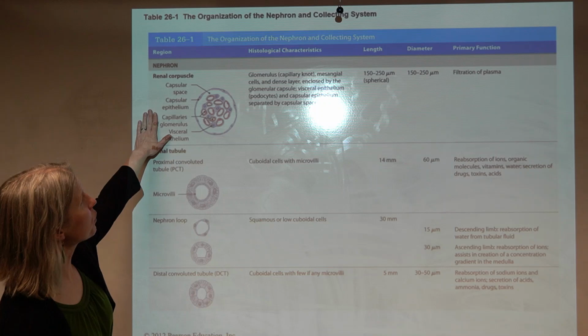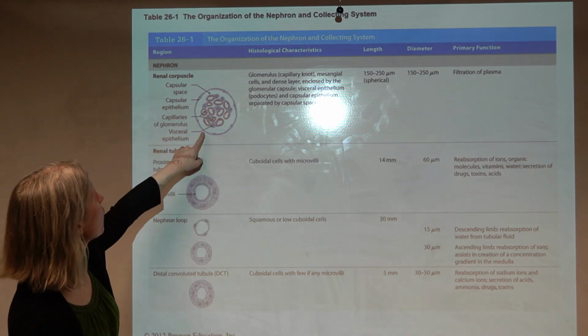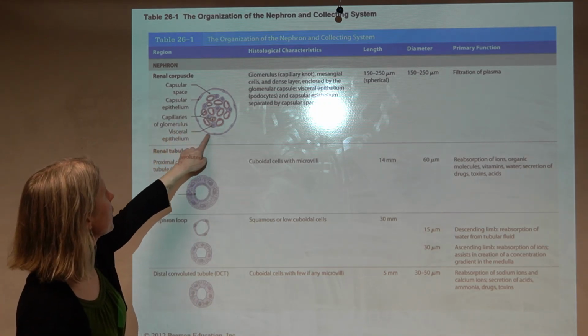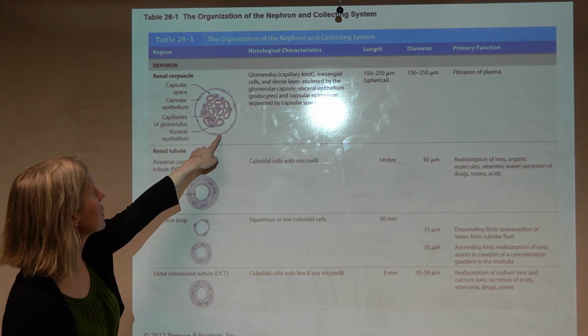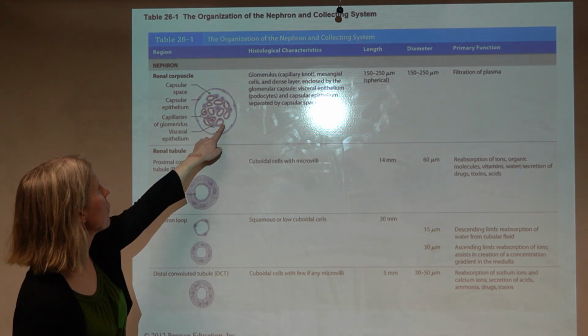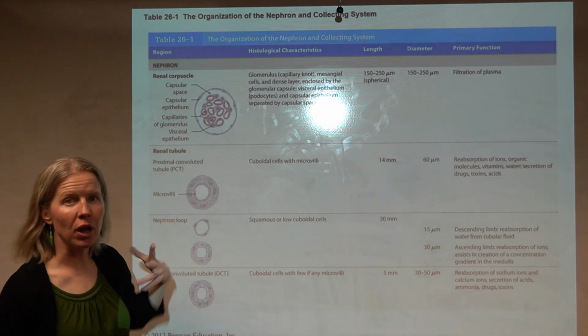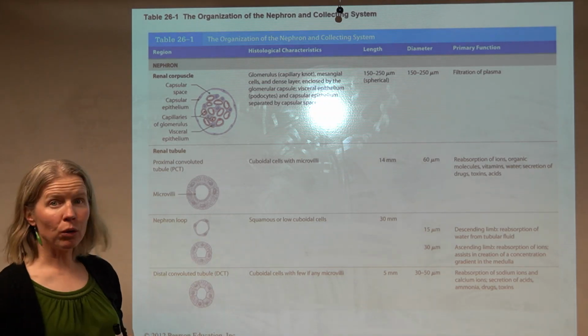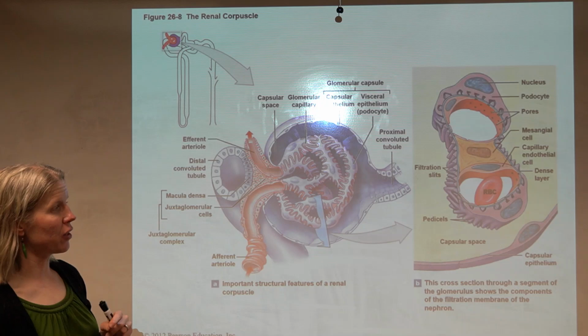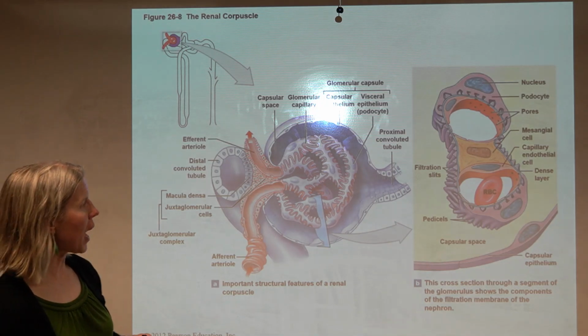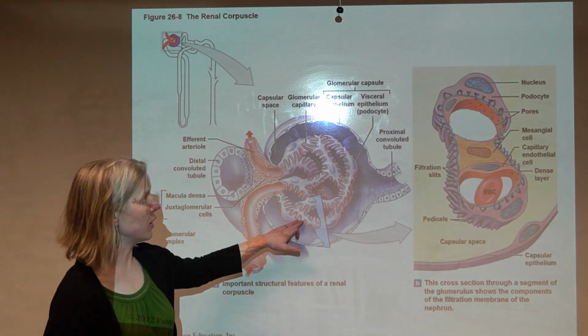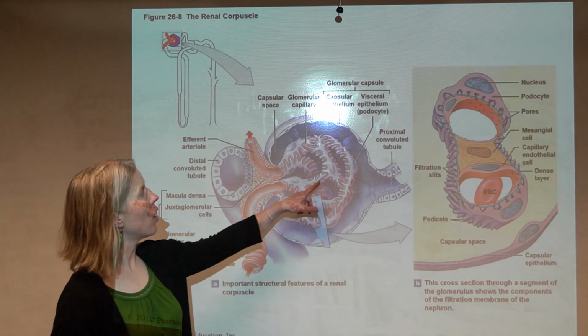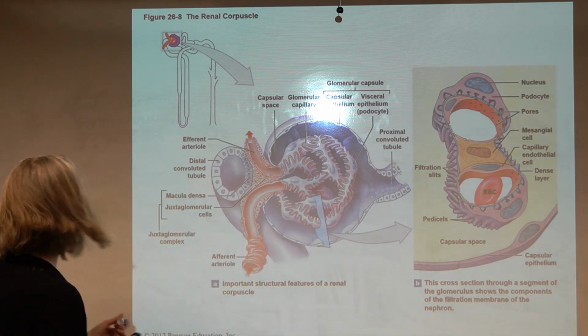So as you look at the renal corpuscle, they're showing you simple squamous epithelium as the capsular epithelium, simple squamous epithelium, or this visceral epithelium surrounding the capillaries. Its role is filtration of the plasma. So here's what happens. This visceral epithelium is made up of cells called podocytes.